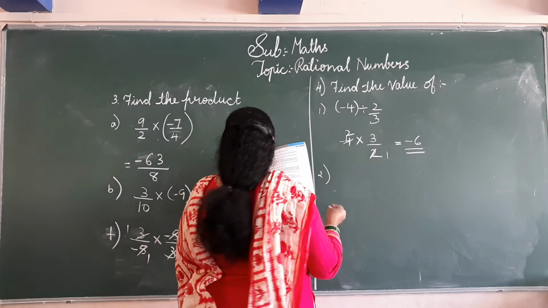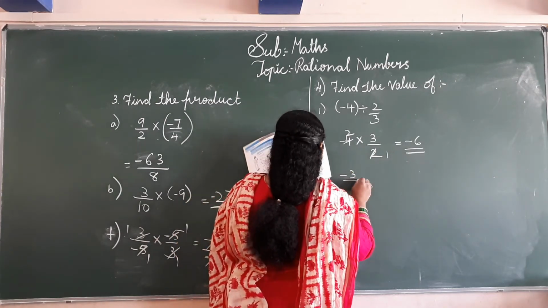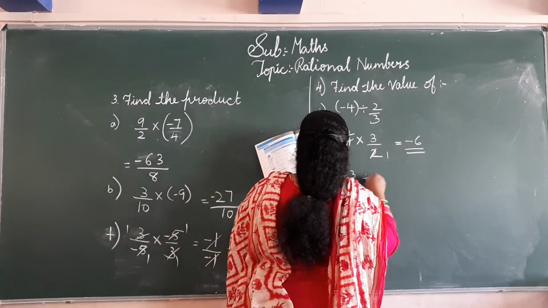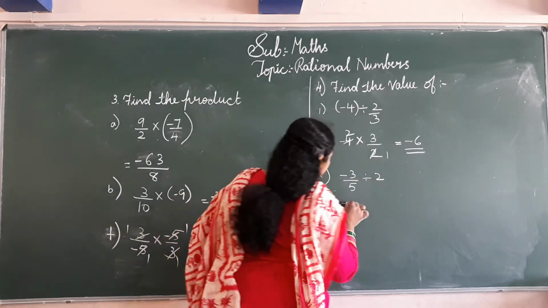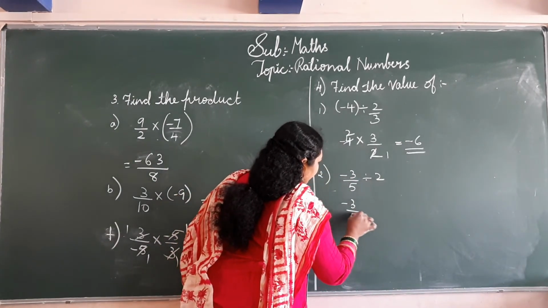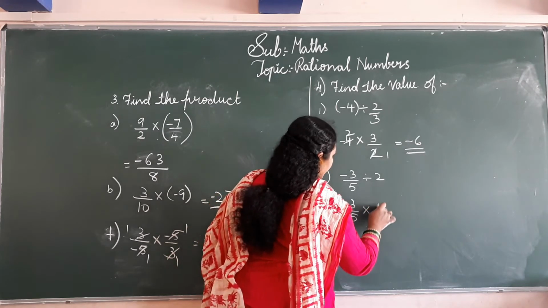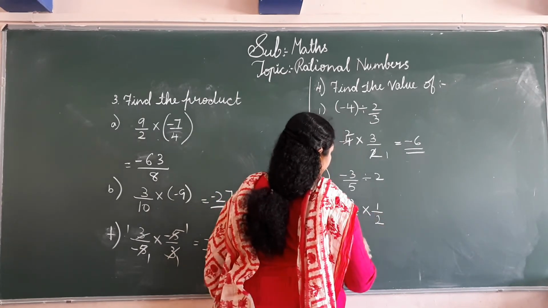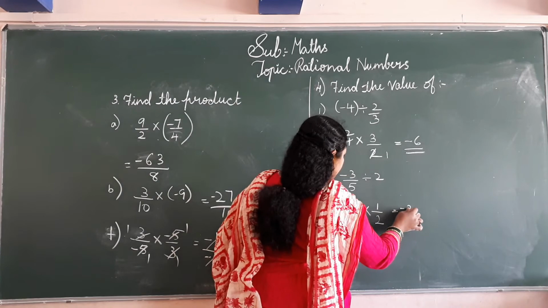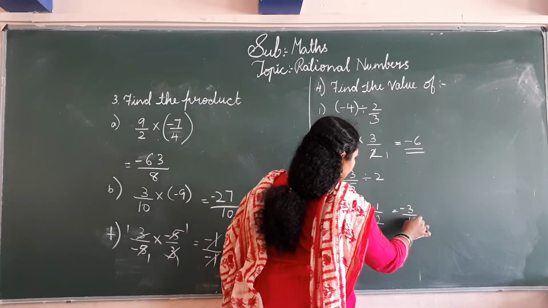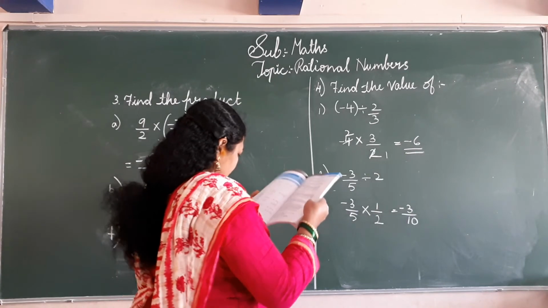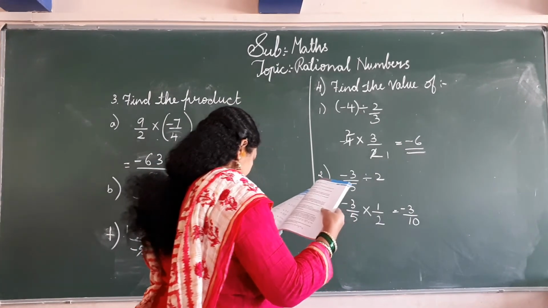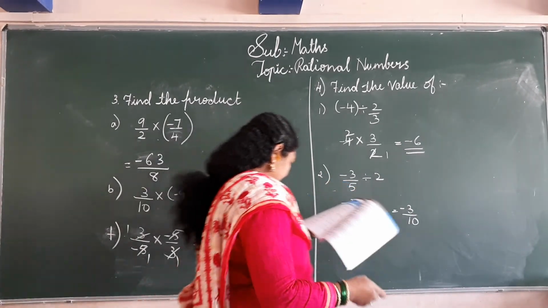Second one, minus 3 by 5 divided by 2. Okay, minus 3 by 5 into 1 by 2. Therefore, it becomes minus 3 by 10. Okay, and shall I do the fifth one?